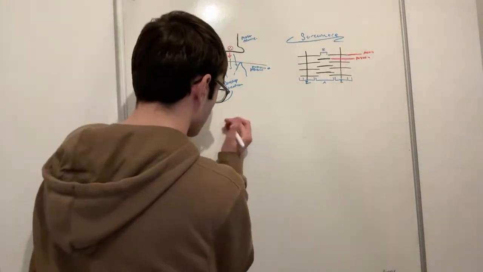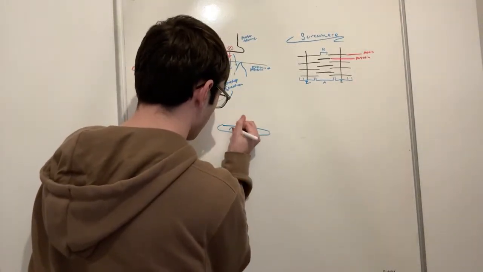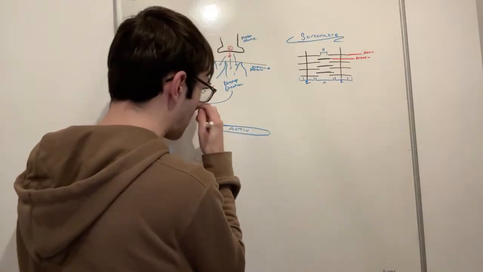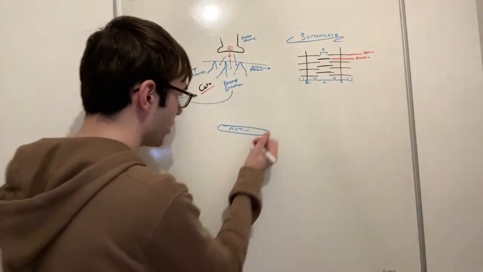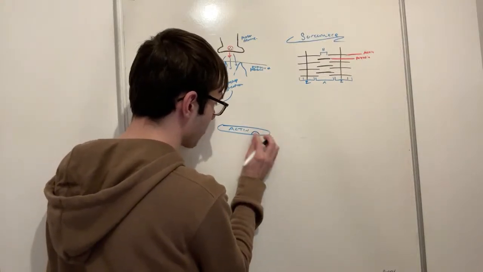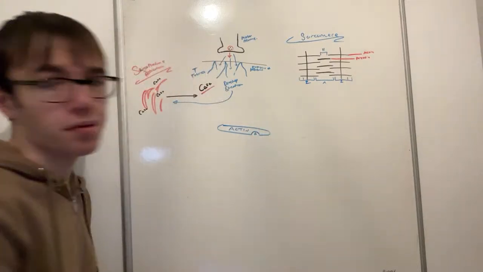What we have in summary is this is going to be our actin. And we are going to say that this is an actin binding site for myosin.